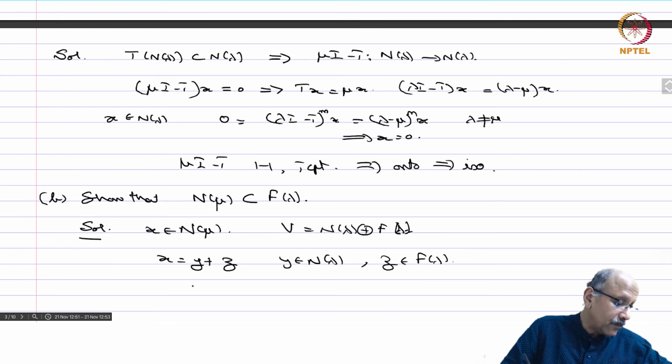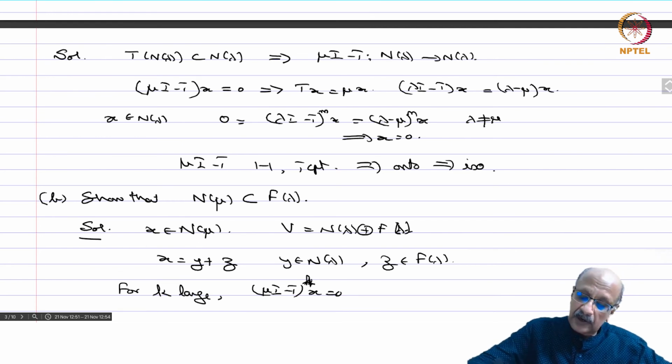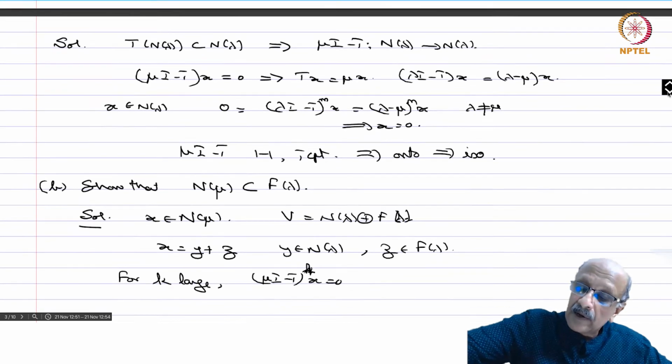Then for k large, you have that (mu I minus T)^k x equal to 0. There is some k, we know, because that is a number corresponding to the algebraic multiplicity of mu.